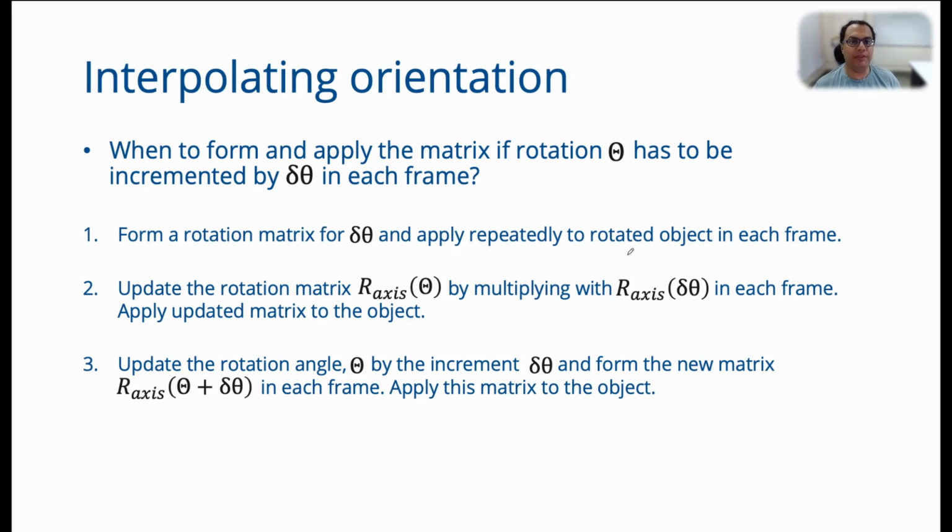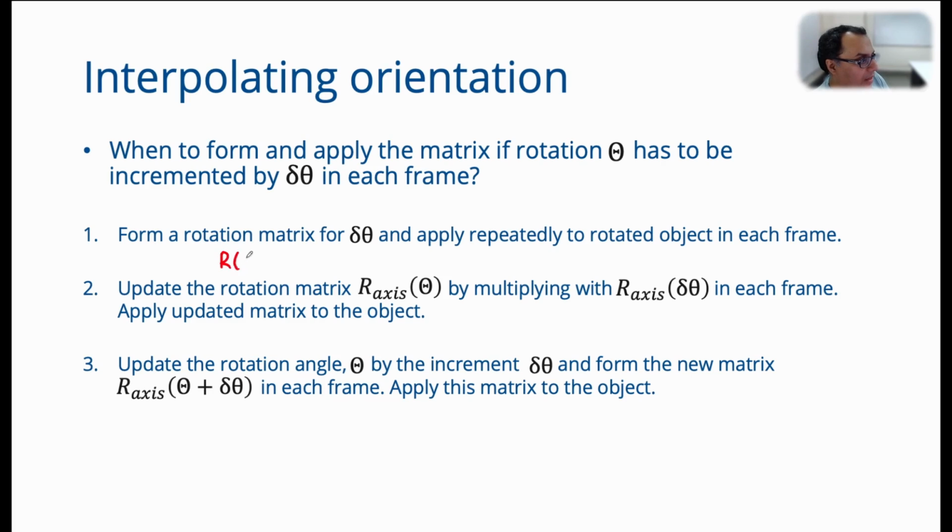And the way in which you apply these orientation changes is by forming matrices and multiplying those matrices with the current state of the object. There are various ways in which you can do this operation. You can form a rotation matrix for delta theta and apply that repeatedly to the rotated object at each time instant. So what does this mean?